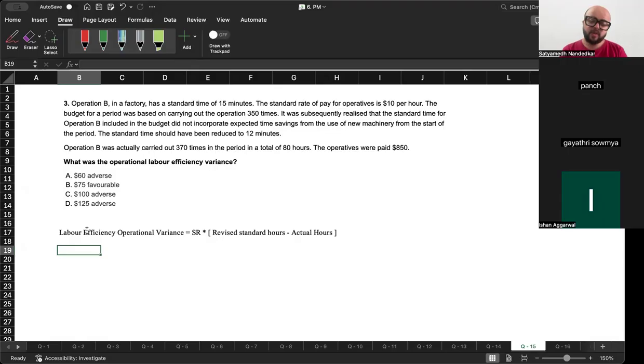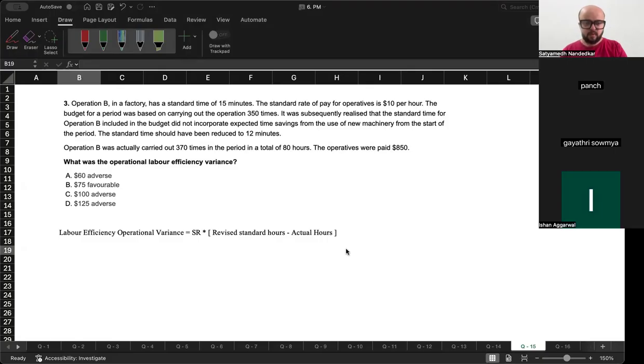ठीक है. Operation B was carried out 370 times. ठीक है. Actually, it was done those many times in a total period of 80 hours. ठीक है. When you do it one time, the time you require is 15 minutes, original standard time. But the revised standard time is how much? The revised standard time is 12 minutes, है ना?